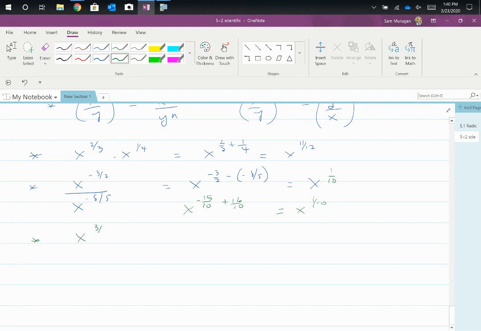x to the power 3 over 4 divided by x to the power 5 over 3. So this is x to the power 3 over 4 minus 5 over 3, which is x to the power 9 over 12 minus 20 over 12, which is x to the power negative 11 over 12, or 1 over x to the power positive 11 over 12 if we take the reciprocal.